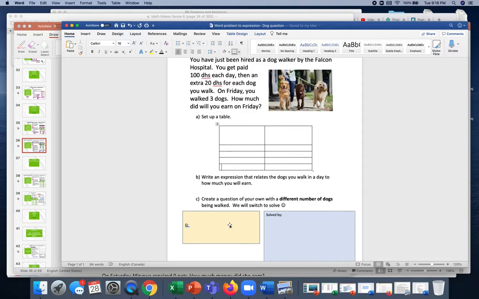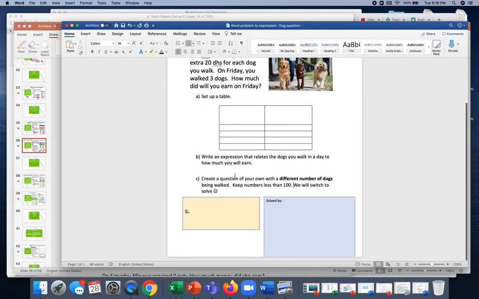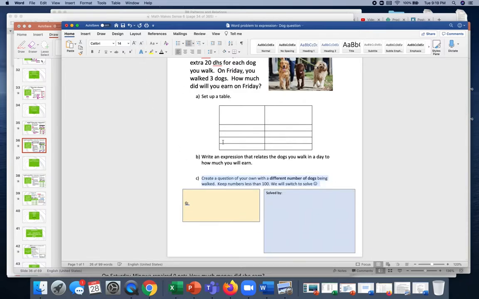Okay, let's keep the numbers less than, let's go for 100. Okay, but if you want to do 100, then sure, go for it. Okay, there we go.